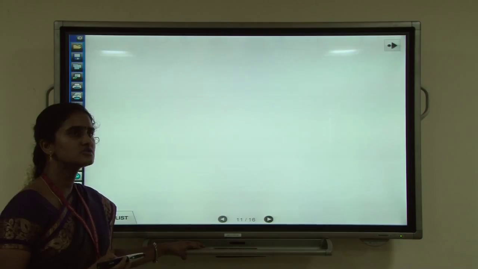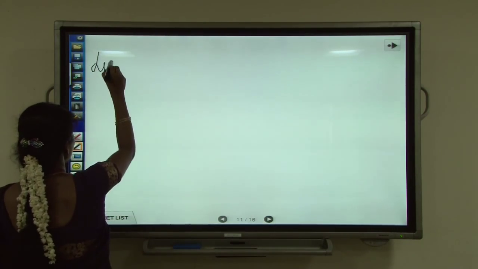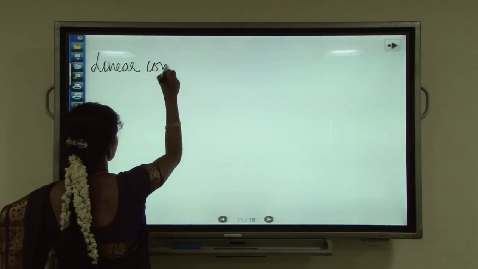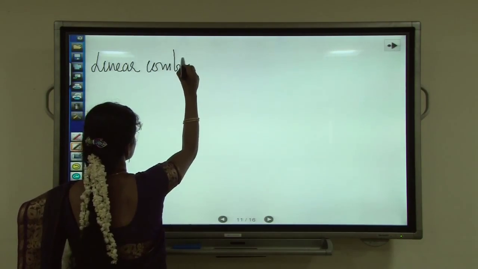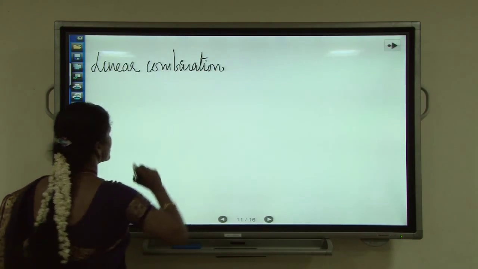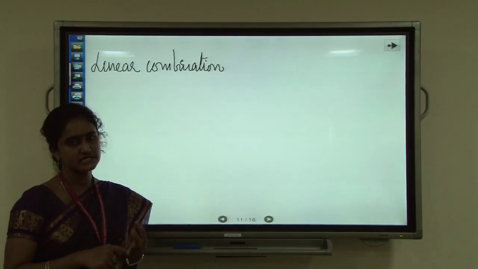Before we get into a problem, we will also know about what a linear combination is. What have we learned so far? We started with eigenvalues and eigenvectors.